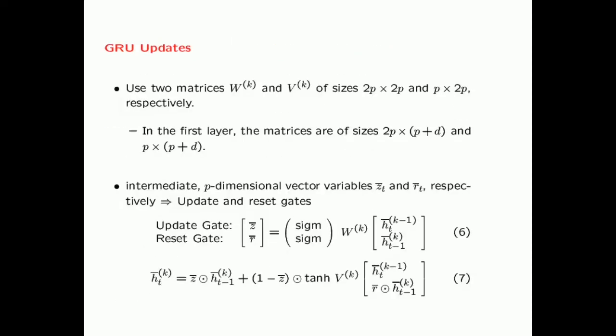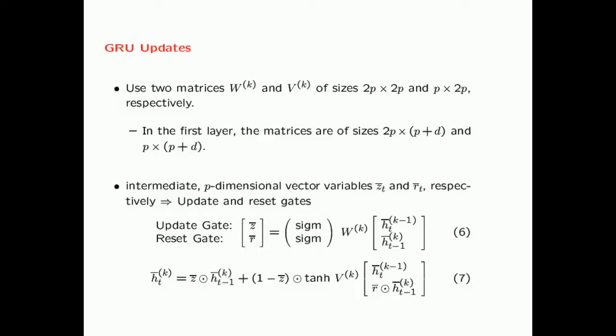In this case, your WK is a 2P cross 2P matrix. So you get a 2P-dimensional vector, and you can divide it into 2 blocks of P dimensions each. For each of these blocks, you apply the element-wise sigmoid to get again 2 blocks. One block is the P-dimensional set of update gates, and another block is a P-dimensional set of reset gates.